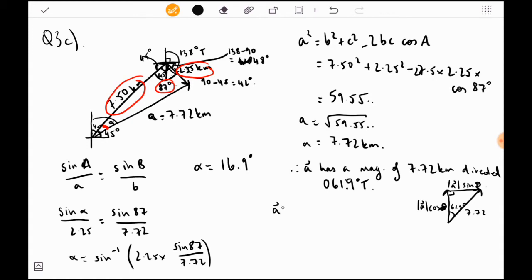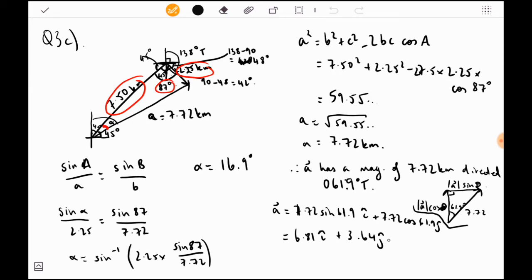So just plugging that into a calculator, you get A is equal to 7.72 times the sine of 61.9 i plus 7.72 times the cosine of 61.9 j. Plugging that into the calculator, you end up with 6.81 i plus 3.64 j.